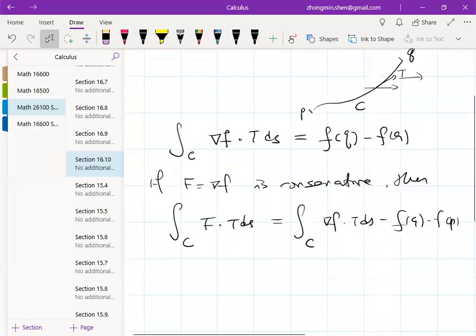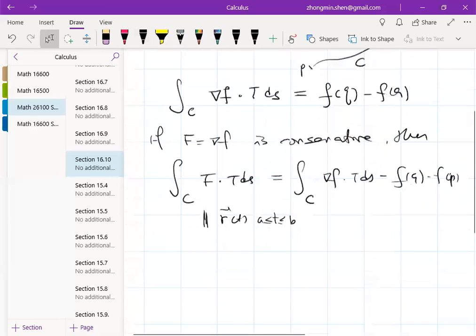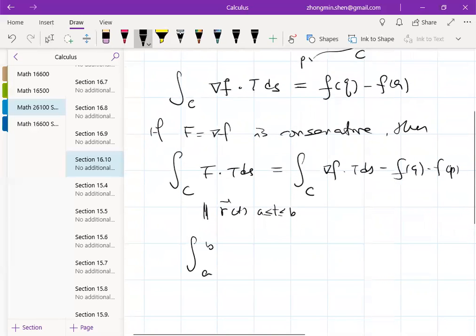So you have two options. One is you can find the little f, then you just evaluate little f at the two endpoints of the curve and take the difference. Or you can directly evaluate with a parameterization in t, where t is between a and b. Then this is the integral from a to b of F of gamma of t, times dt.